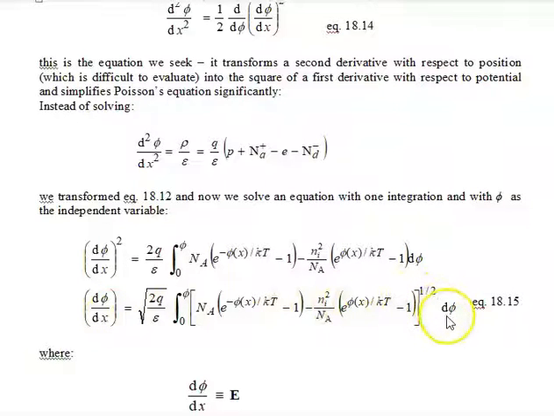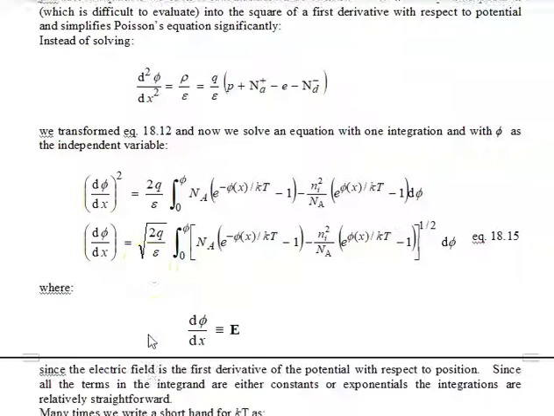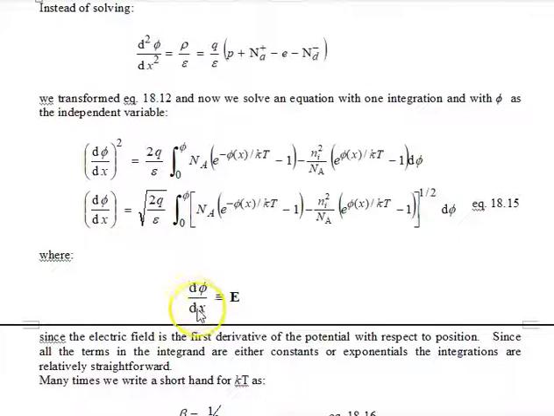The important thing is now I'm integrating over phi. And that is a super, super big deal. And of course, again, d phi dx is just the electric field. I didn't want to go and explain why there's a minus sign, so I'll just drop the minus sign. It's not a big deal.